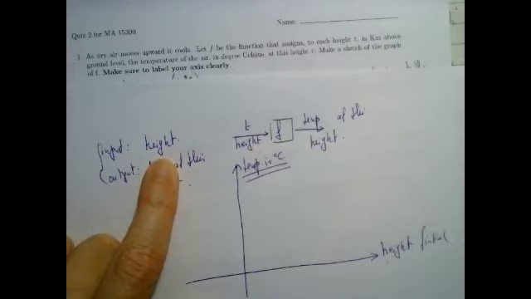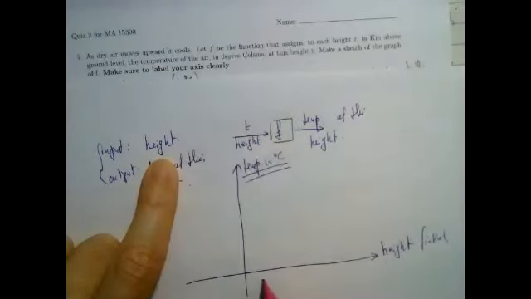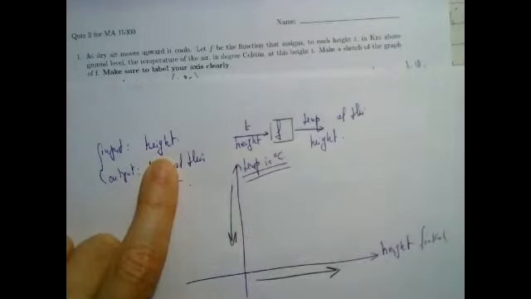Is it decreasing? Because as the air moves up, it cools. Meaning, when the air moves up, the height increases. What happens to the temperature? It decreases. It goes down. That's really the picture.